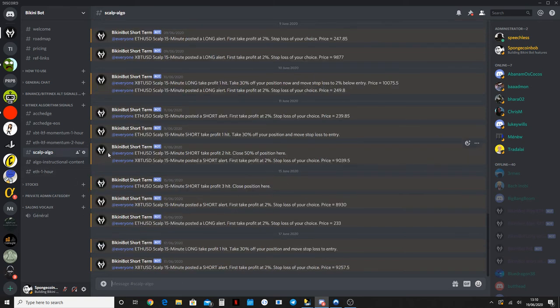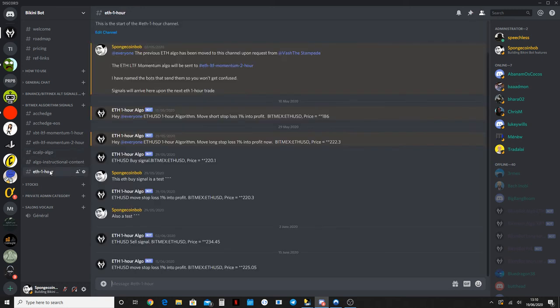So, ETH US dollar posted a short alert, short take profit 1, short take profit 2, and there's short take profit 3, and it tells you to close the position there. So you'll be told what to do at every point of the trade. For example, short take profit 1, take 30% off and move stop loss to entry. So there's stop loss management in pretty much every algorithm except this ETH 1 hour algo.